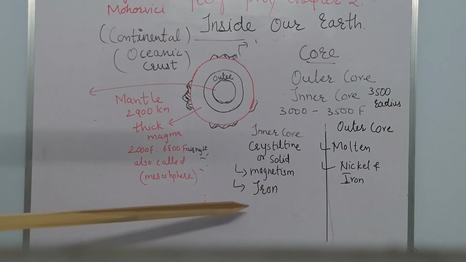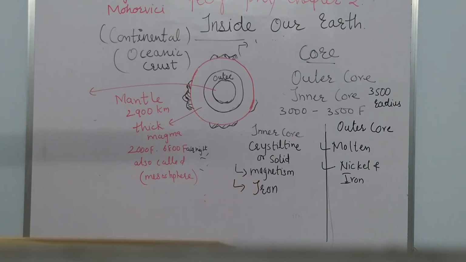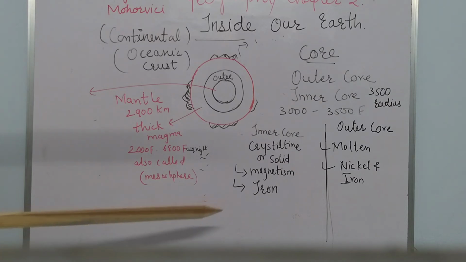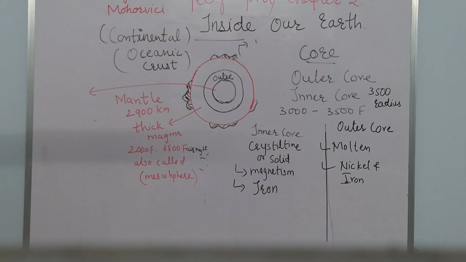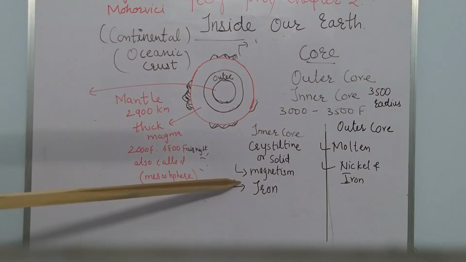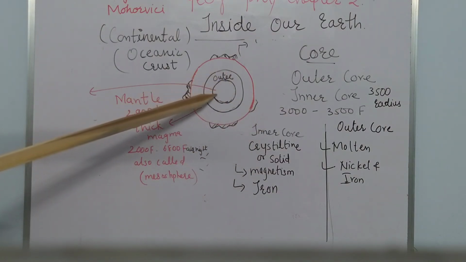The core is so deep that it is very difficult to reach. The deepest mine ever dug went only about 2.5 miles down, so it is very difficult to go deep into the inner core and find out.